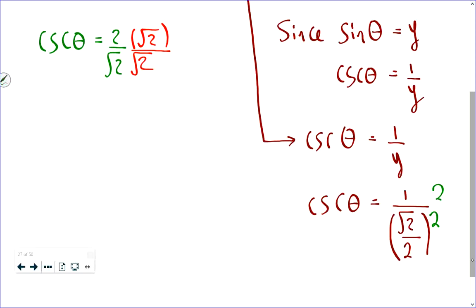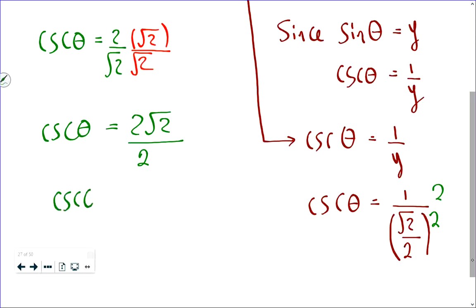What do I get? I get cosecant of theta. I get 2 times root 2 in the numerator, and I get root 2 times root 2 in the denominator, which is 2. The 2 and the 2 cancel, and I get cosecant of theta equals root 2.